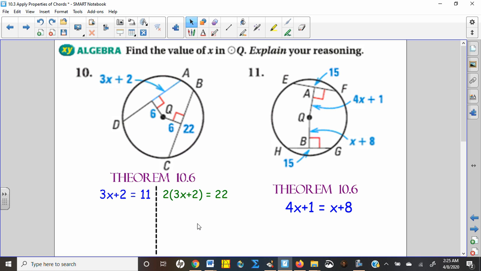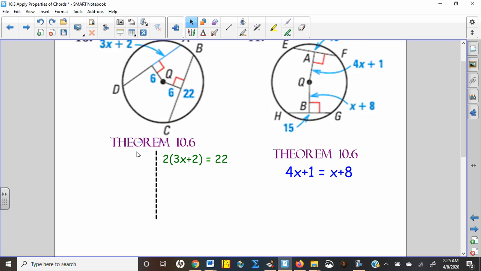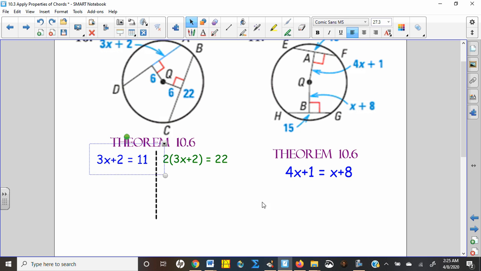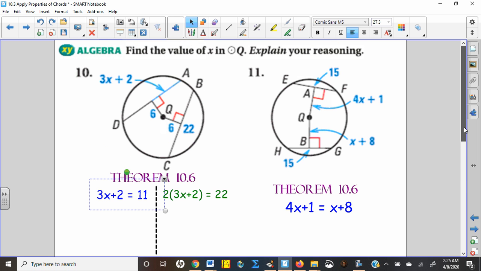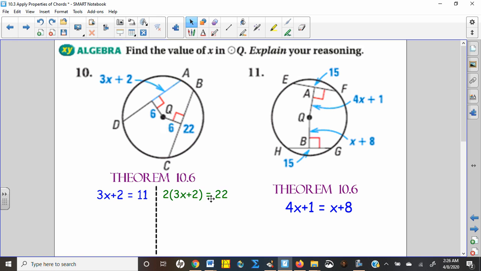And so you could either take half of 22 and set 3x plus 2 equal to 11, which, in my mind, would have been probably the easier way of doing that one. Or you could have doubled the 3x plus 2, right? And then set it equal to the 22. Now, that just involves more algebra. You got to distribute before you solve. But really, one step of algebra wouldn't make it a big deal.